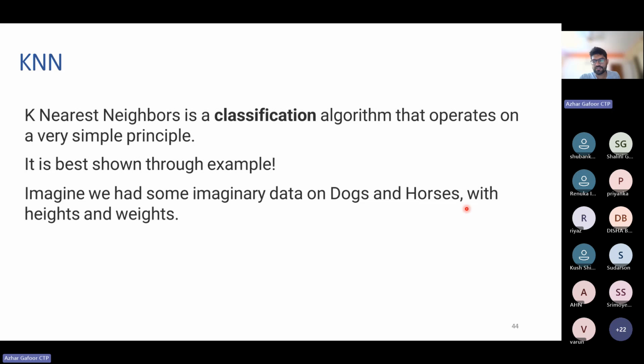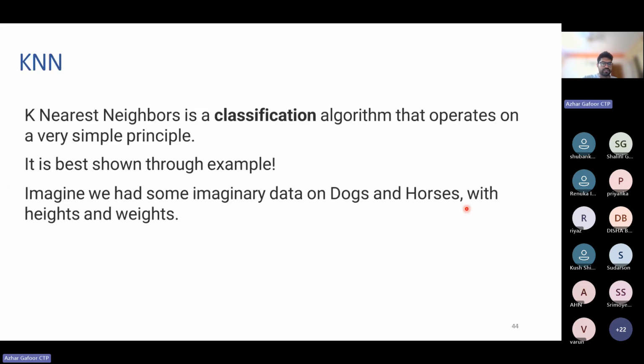So that's about classification. Now we'll quickly see what KNN, K nearest neighbors, is. It's also a classification algorithm that is different from what we have seen right now.